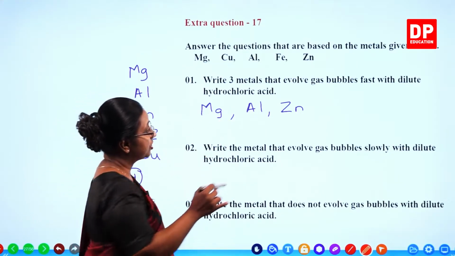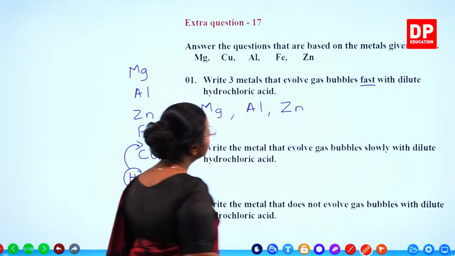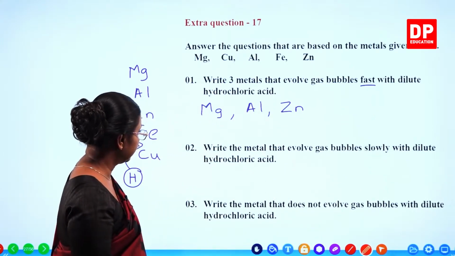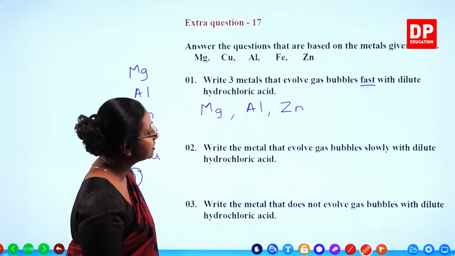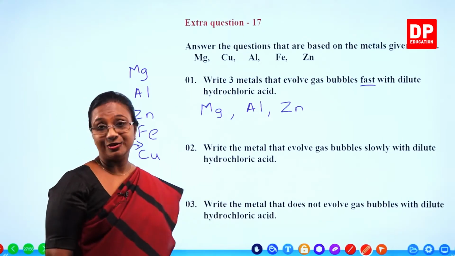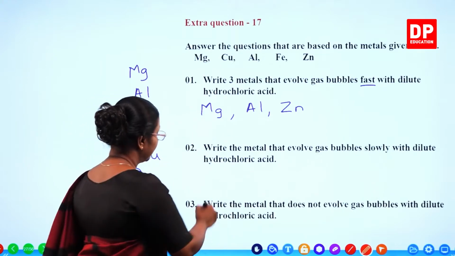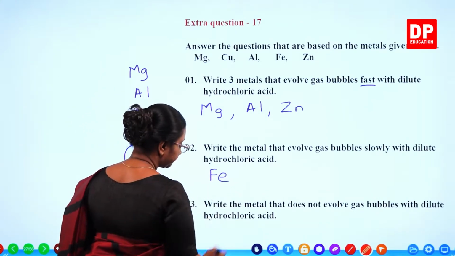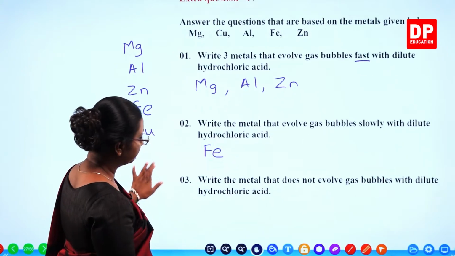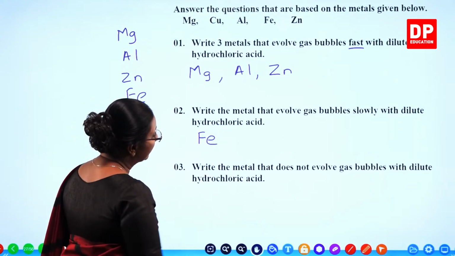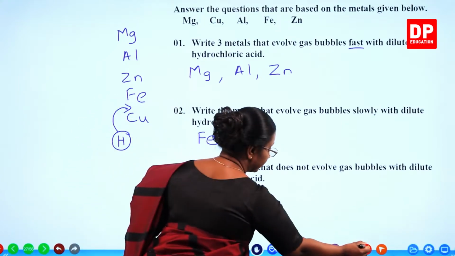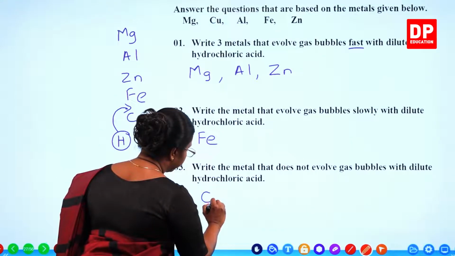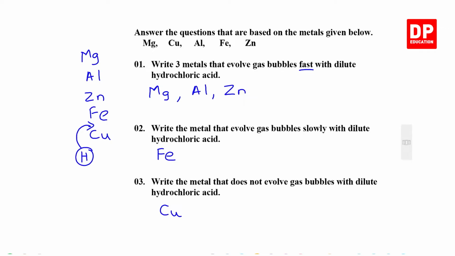Then write the metal that evolves gas bubbles slowly with dilute hydrochloric acid. That is going to be iron. Then the next one. Write the metal that does not evolve gas bubbles with dilute hydrochloric acid. That is copper. So now you all can understand all these reactions.